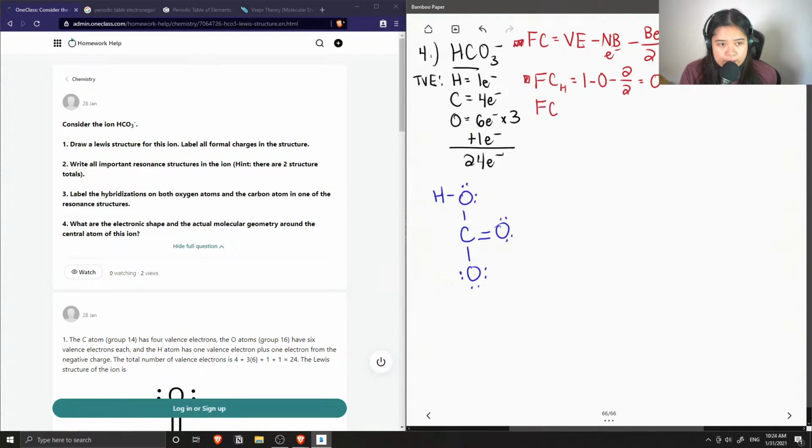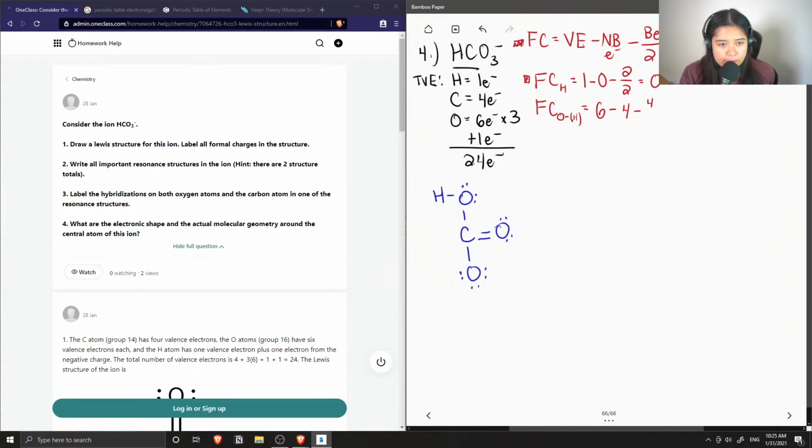And let's do the same thing for the oxygen that has the hydrogen attached to it. There are 6 valence electrons in oxygen, and this oxygen has 4 non-bonding electrons, and there are 2 bonds to it.